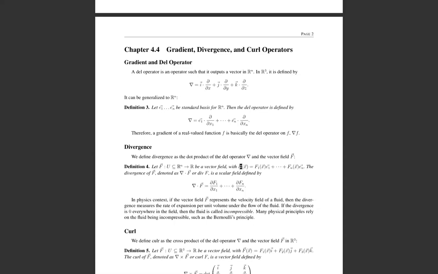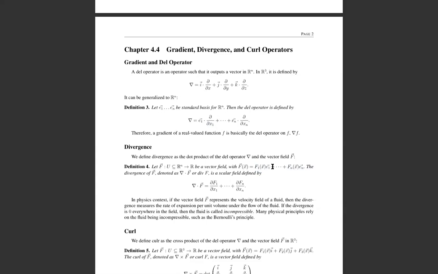So if we represent the vector field by its component functions, in each component you have a component function, which is a real value function. That means you can apply the partial operator on each component function. In the first argument, you apply the partial to the first component function, it becomes this.